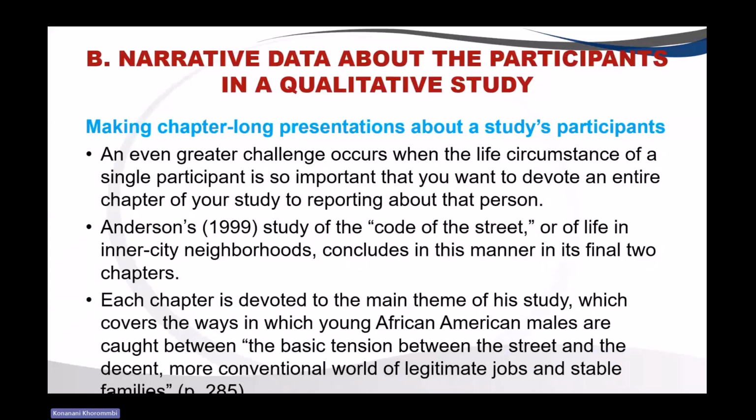Each chapter is devoted to the main theme of his study, which covers the ways in which young African-American males are caught between the basic tension between the street and the decent, more conventional world of legitimate jobs and stable families. You can read this from Yin 2017. So it is just an example of where someone had presented a chapter-long account about the life of a specific family.